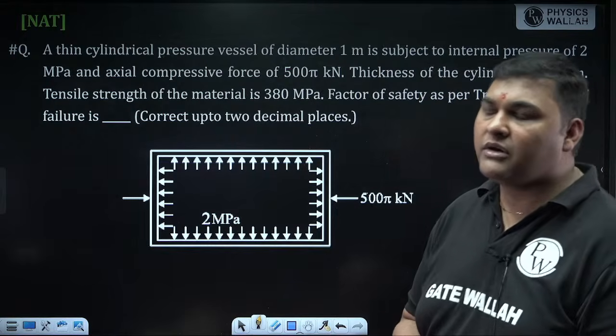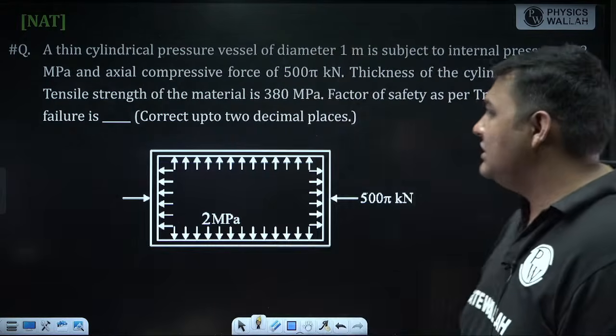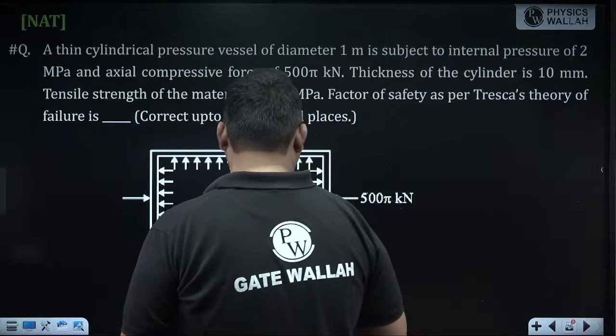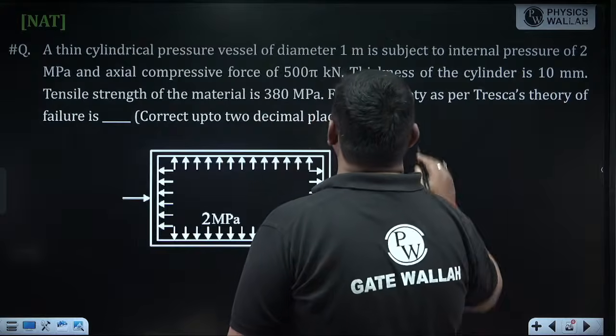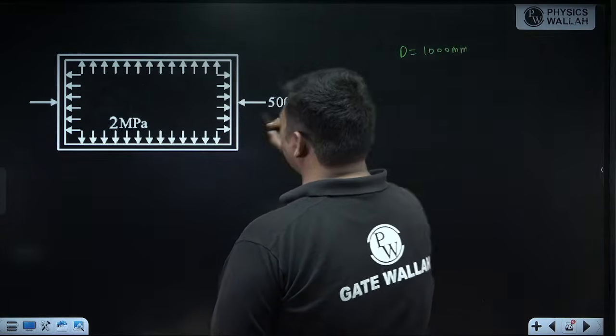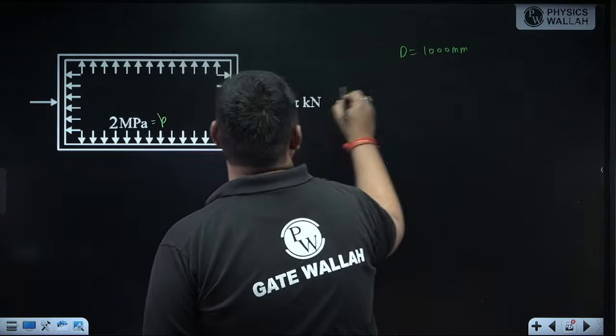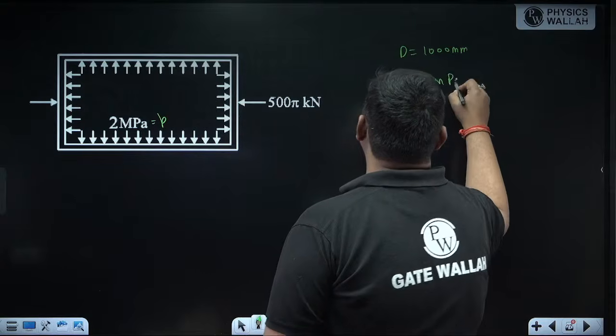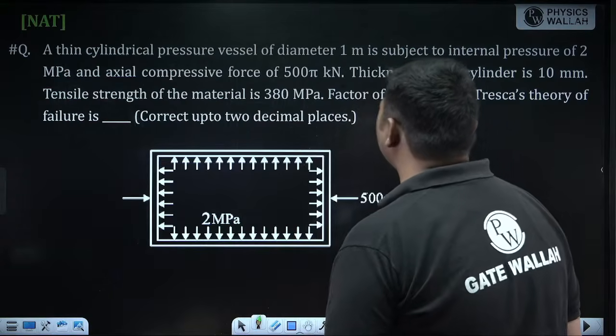Okay, so we have to calculate the factor of safety as per Tresca's. This is a very good question. See, the diameter of this cylinder is 1 meter, so in mm it will be 1000 mm. It is subjected to this internal pressure P, which is 2 megapascal. Along with this, an axial compressive force is also coming.